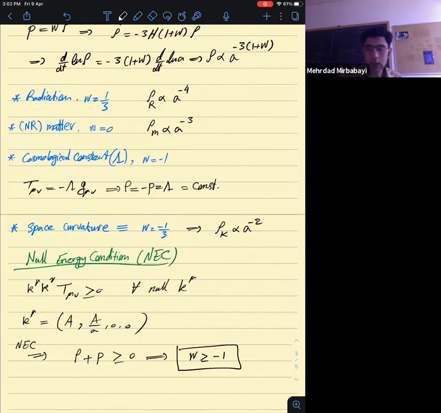This is a constraint that is often imposed on the components of matter, or the forms of energy, the equations of state that are allowed in cosmology. Of course, people look for violations of this. It would be interesting to see violation of this empirically. But there is a theoretical prejudice that W has to be larger than or equal to minus 1. Any questions so far?